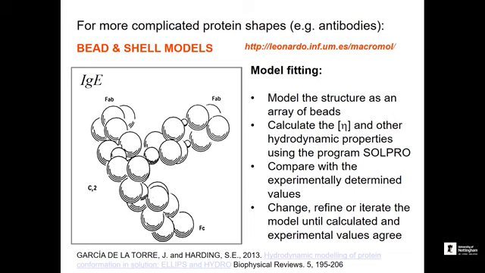Then you compare them with the experimentally measured parameters, and change the model until you get agreement. That's called bead modeling, and that's what the program SolPro does. So you change, refine, or iterate the model until calculated and experimental values agree.